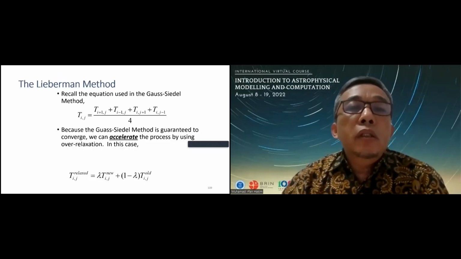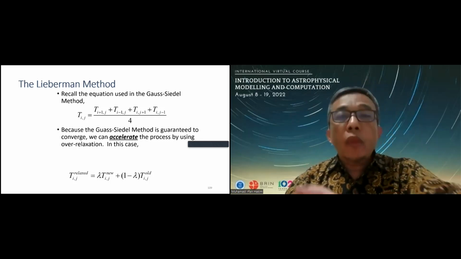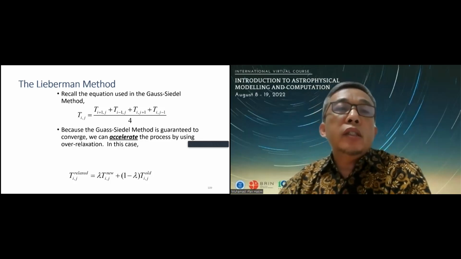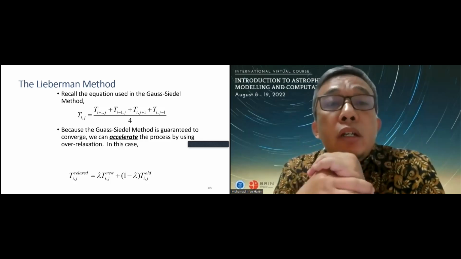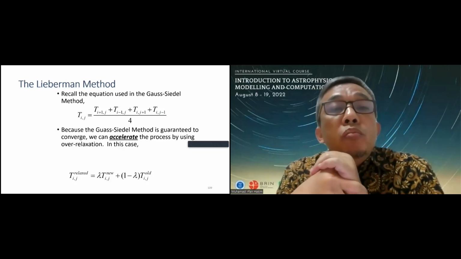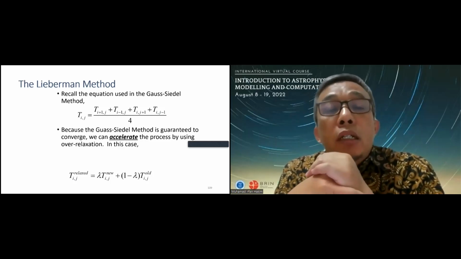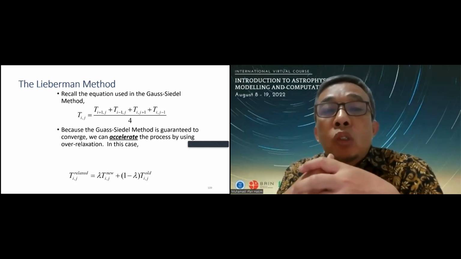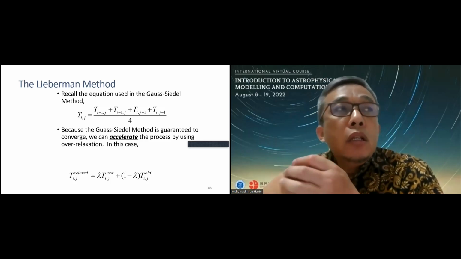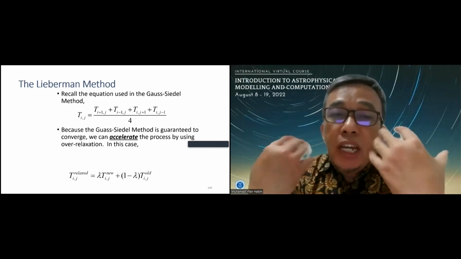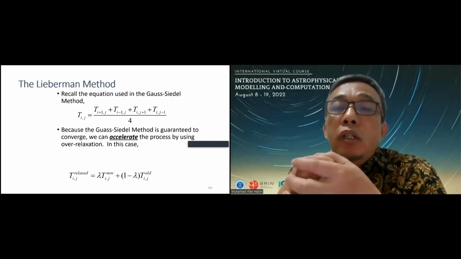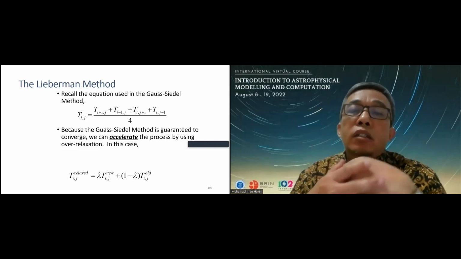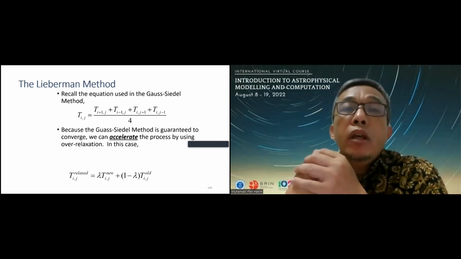Another method is the Liebmann method. I intended to introduce this method as an advanced method, because the idea of this method is how to accelerate the process.